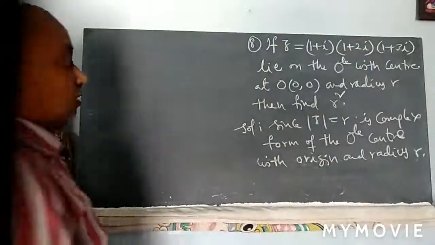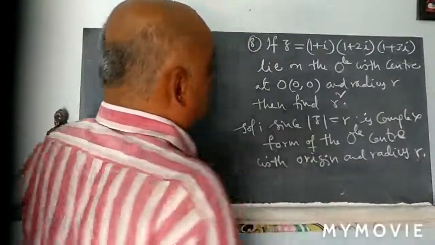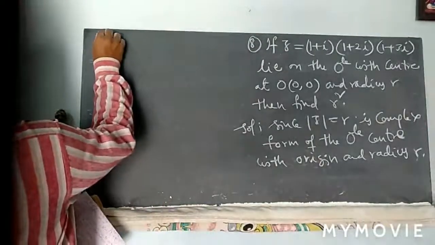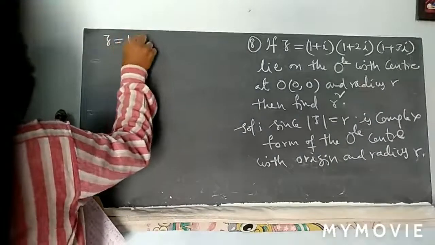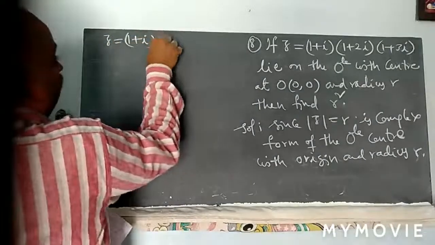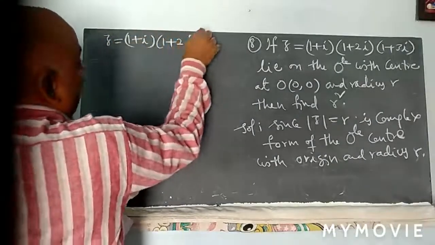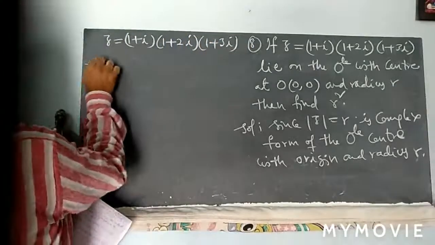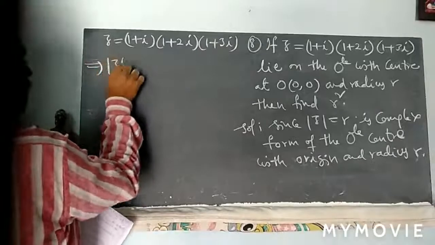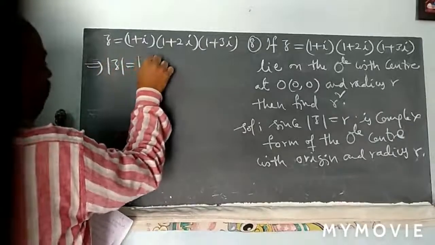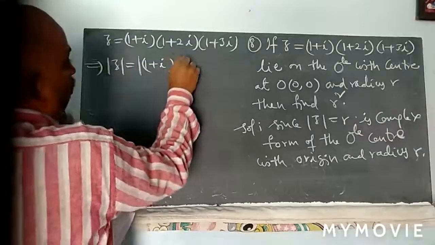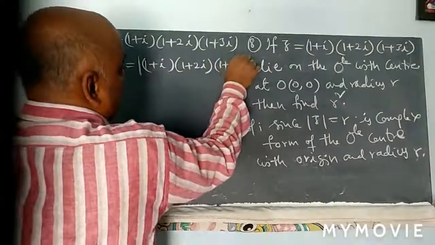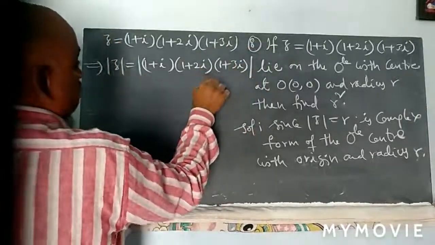So this is the known concept. So what is given? z is equal to (1 plus i) into (1 plus 2i) into (1 plus 3i). Taking mod on both sides, mod z is equal to mod of (1 plus i) into (1 plus 2i) into (1 plus 3i), which is equal to r.